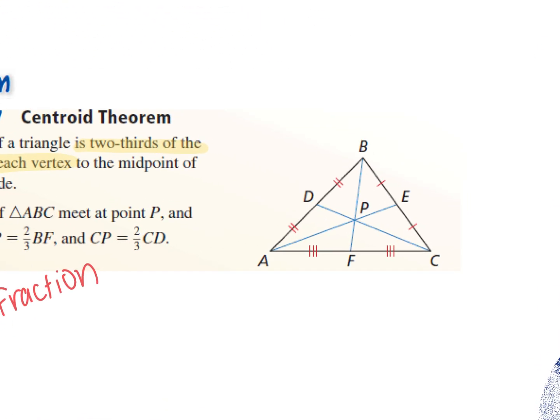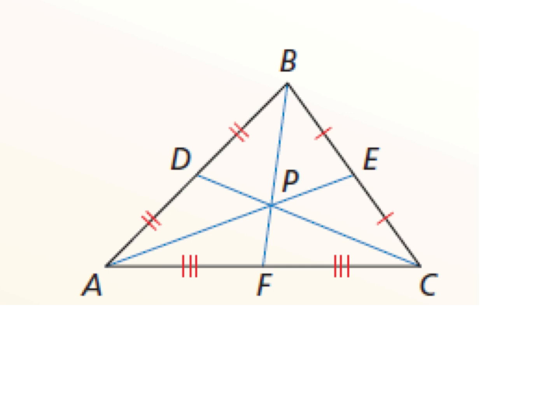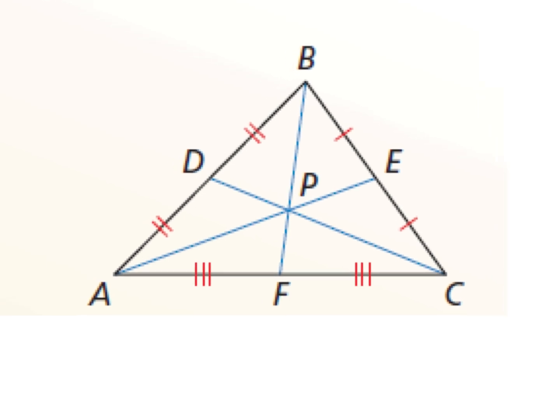In this diagram, from the vertex to my centroid is 2/3, 2/3, and 2/3.